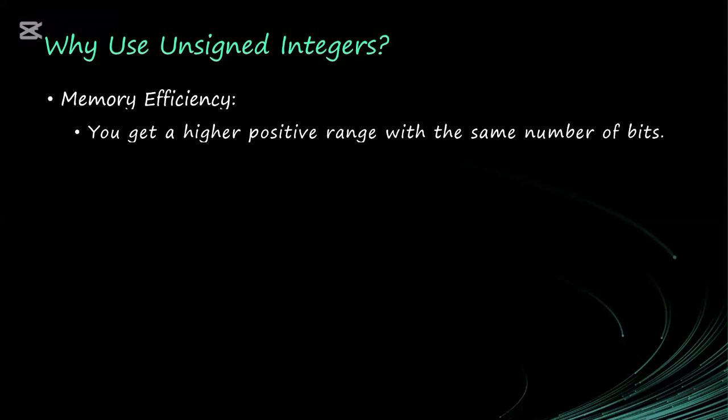As a programmer, whether you're programming in C++, C#, or any other language, if you use a signed integer where the number will never be negative, you can see that your memory efficiency will be poor. So this is the reason why we are teaching you this. You need to understand how these things work to make you a better developer, a better programmer, a better cyber security professional, whatever you want to be.